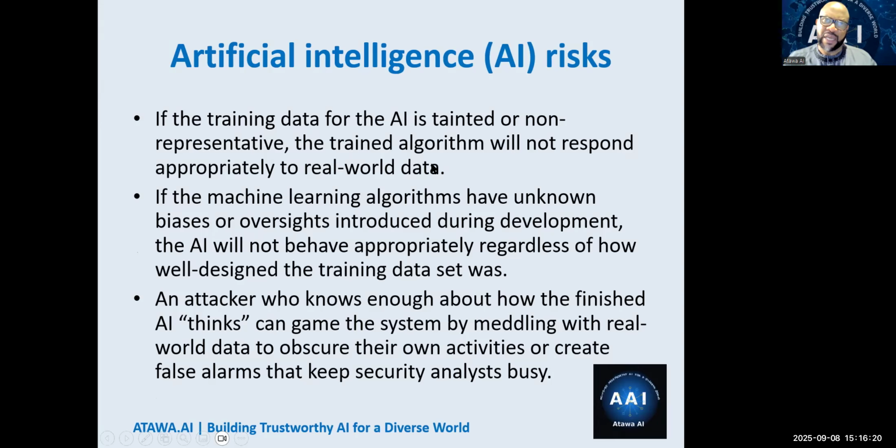Our newest one, I have one module on AI and cybersecurity, but this addresses it briefly here. If the training data for AI is tainted or not diverse enough, you can have issues, right? If the algorithm has some problems, this becomes a sophisticated attack on machine learning or your AI models or your training data sets, right?